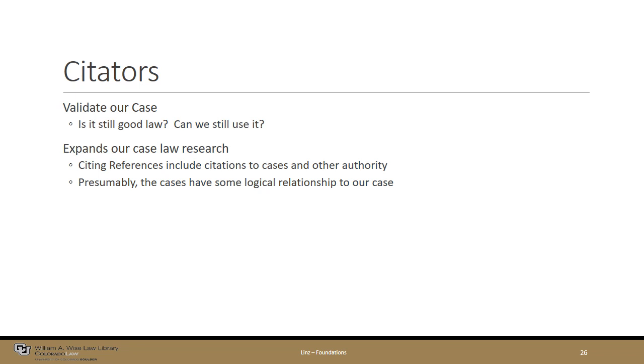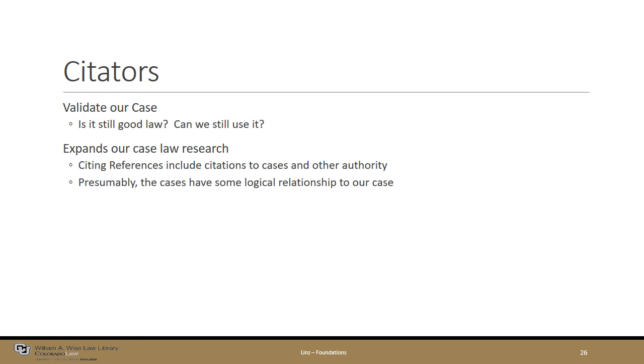So we have to put ourselves at a point in time. The headnotes, the digest, will cite all cases that are related to our case, regardless of when those cases were decided. So some of those cases could be decided after our case was decided or before our case was decided. It doesn't matter. They've collected all of the cases.